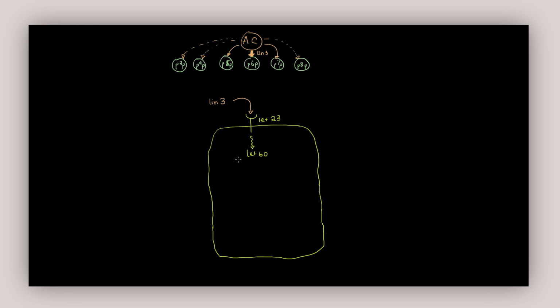Now this Let60 has got different signaling pathways. The first thing that it does is it activates another factor called Let39, and Let39 inhibits something called F1. Now, what happens when this F1 is inhibited?